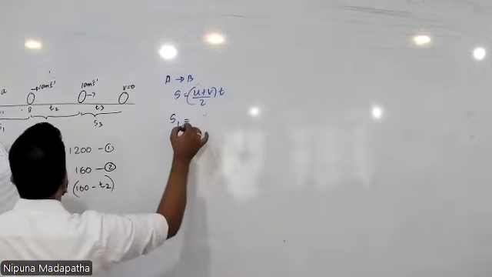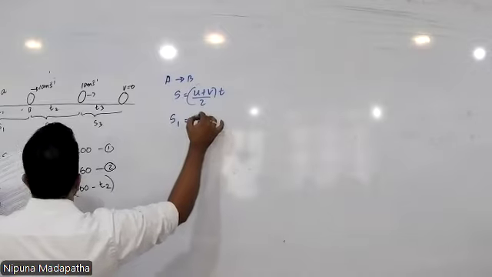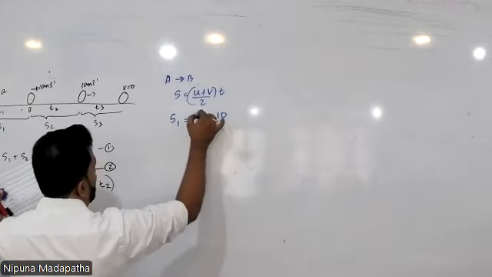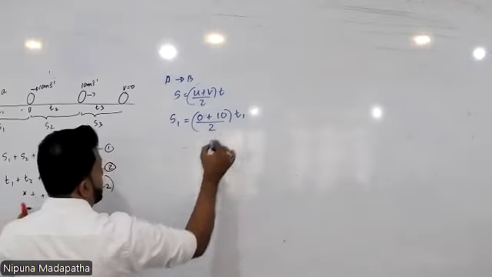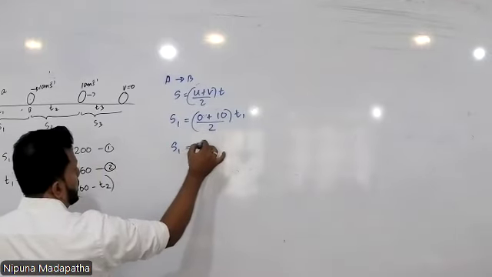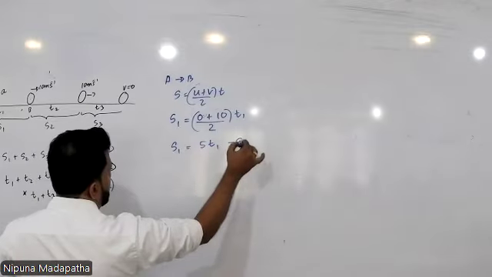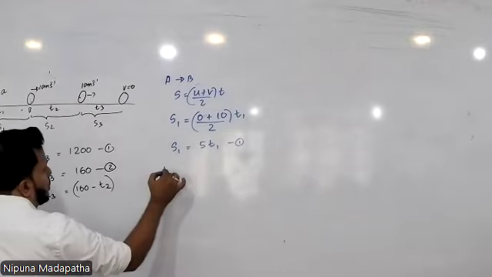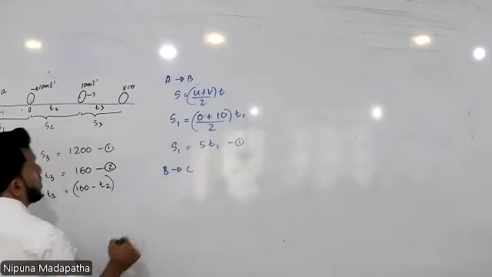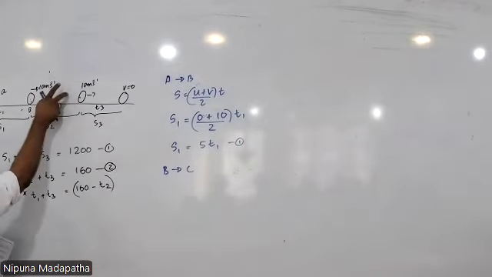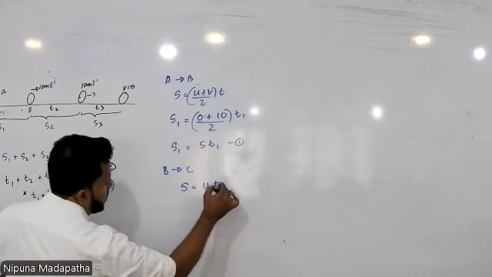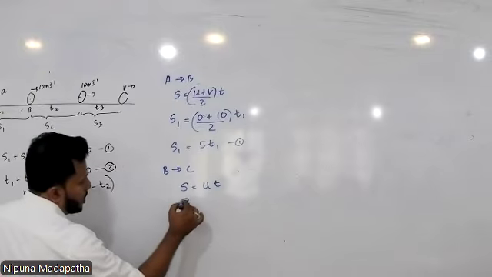From A to B, use S equals (u plus v) over 2 times t. Displacement is S1. u is 0, final velocity is 10, over 2, time is t1. So 5t1. First equation. Then the motion from B to C is a motion with uniform velocity, so the only equation you can use is S equals ut.